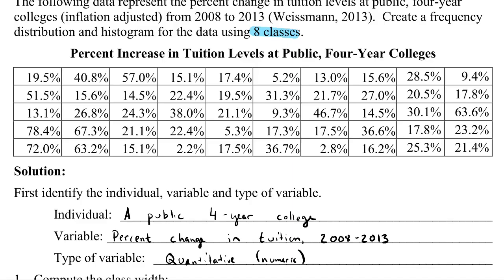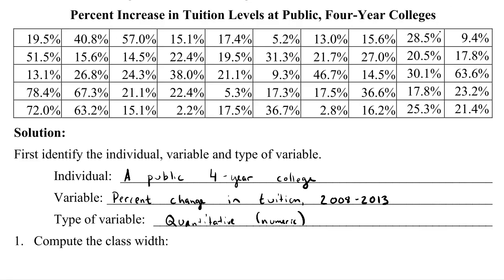Our next step is to calculate our groups. So we need to first find our class width. To find the class width, first we need to find our maximum and our minimum values. Our maximum, we need to find a big number. 51.5 looks pretty big. I'm going to go through and look for something bigger than 51.5. Ouch, 78.4.